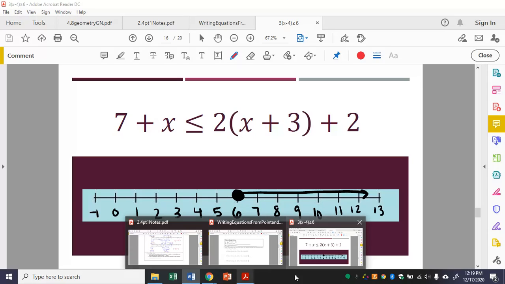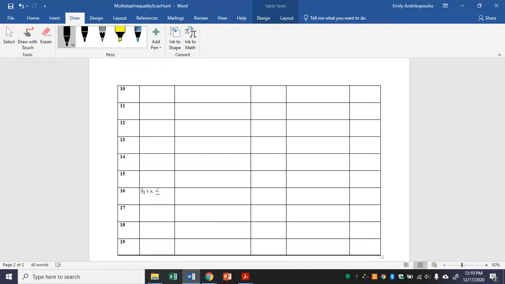Less than or equal to 2 times x plus 3, and then a plus 2 at the end. Okay, this box I kind of went into, I just have to solve it. So I would say 7 plus x less than or equal to 2x plus 6 plus 2 after we distribute that 2 there. We can combine this to say 2x plus 8. So 7 plus x is less than or equal to 2x plus 8.